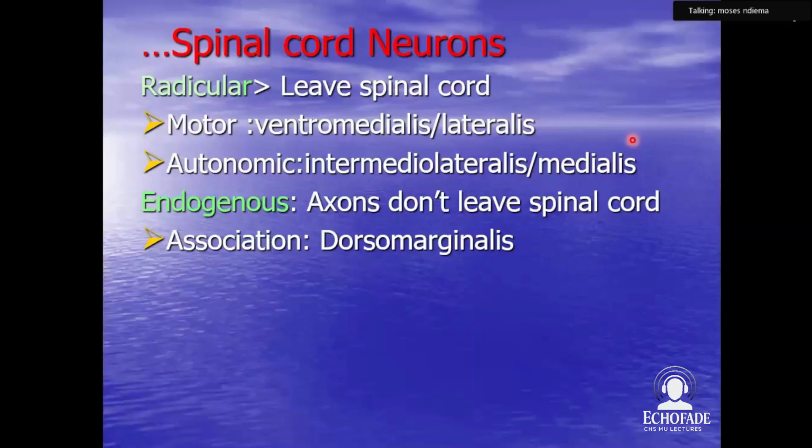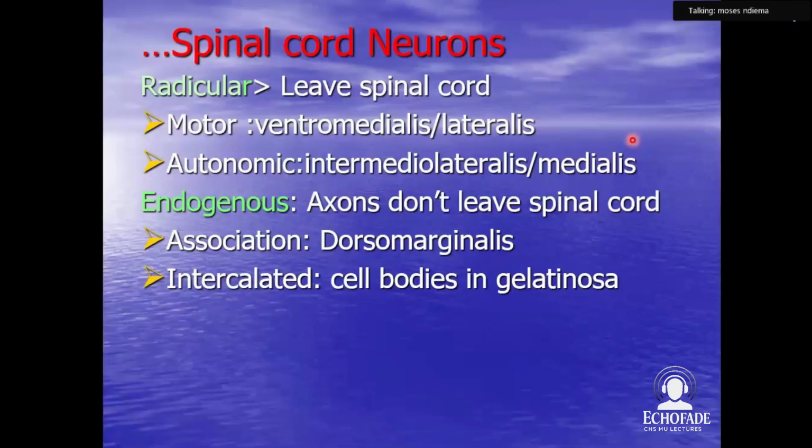When they cross the midline, then we refer to those as commissural neurons. We have the association neurons connecting the same part of the spinal cord. And then intercalated, these are cell bodies in what was the ala, the sensory part, in what is referred to as the substantia gelatinosa.